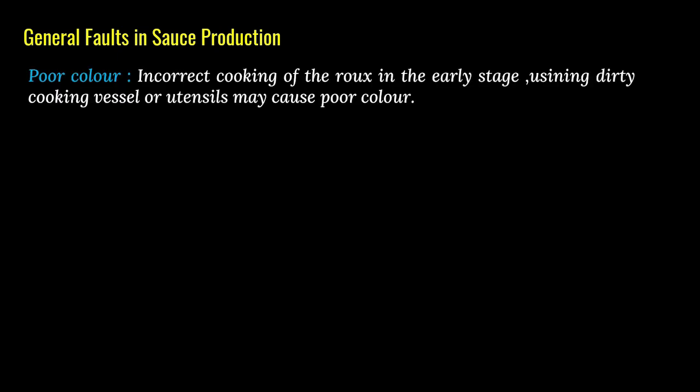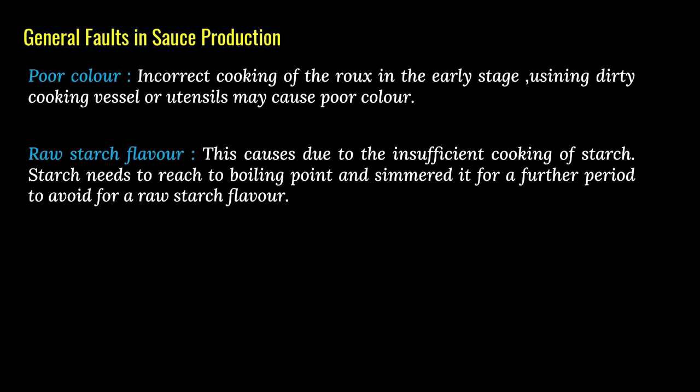Poor color. Incorrect cooking of the roux. You understand we already have four kinds of roux: white, blonde, brown and black. If you are not cooking it to the right extent, automatically it will have an effect on the color. Raw starch flavor. This is caused by insufficient cooking of starch. As we have mentioned, if you are not cooking it properly, automatically it will give you a raw flavor.